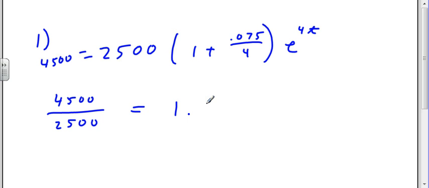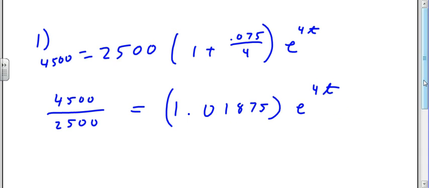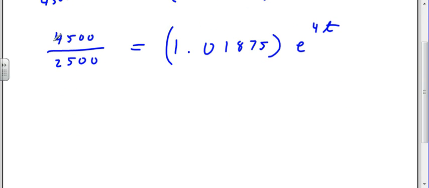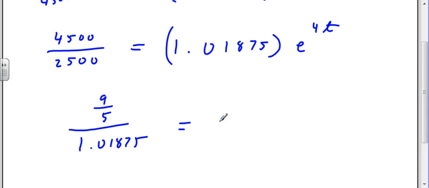What is it doing there? 0.07 divided by 4 equals 0.0175, so 1.0175 to the 4t. Okay, so I've got 9 over 5 divided by 1.01875 is equal to e to the 4t.